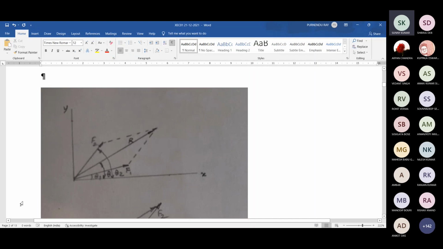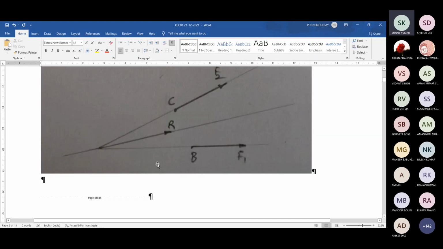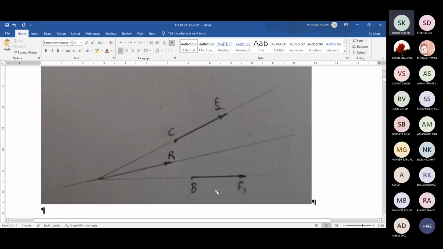Opposite to this, something like minus R. Now, if it happens in this form, two forces F1 and F2 are not given as concurrent, but we can extend these two lines of action to get a point of intersection. Anyway, we forget about this. Just those are acting through B and C. F1 and F2 are acting.